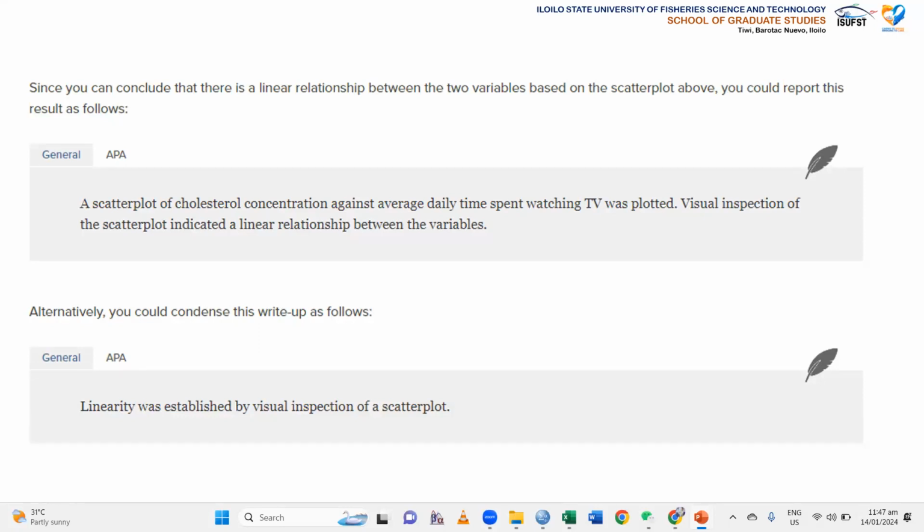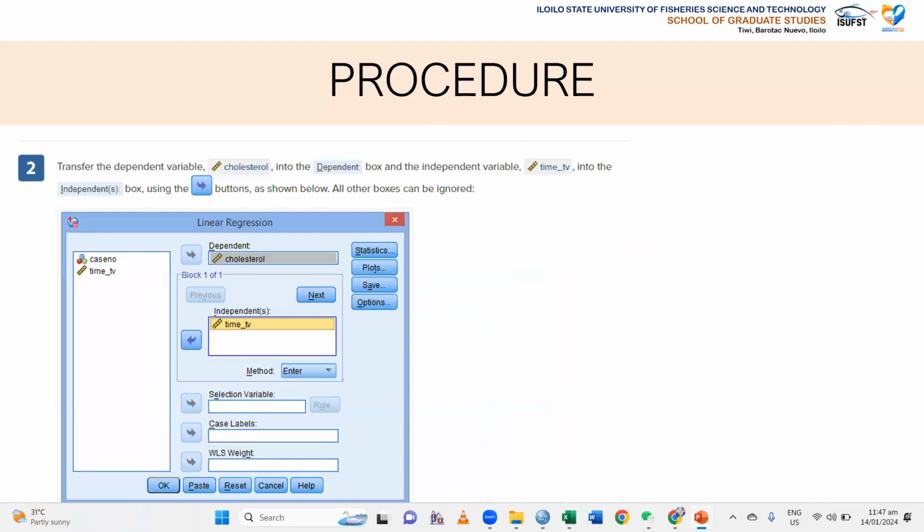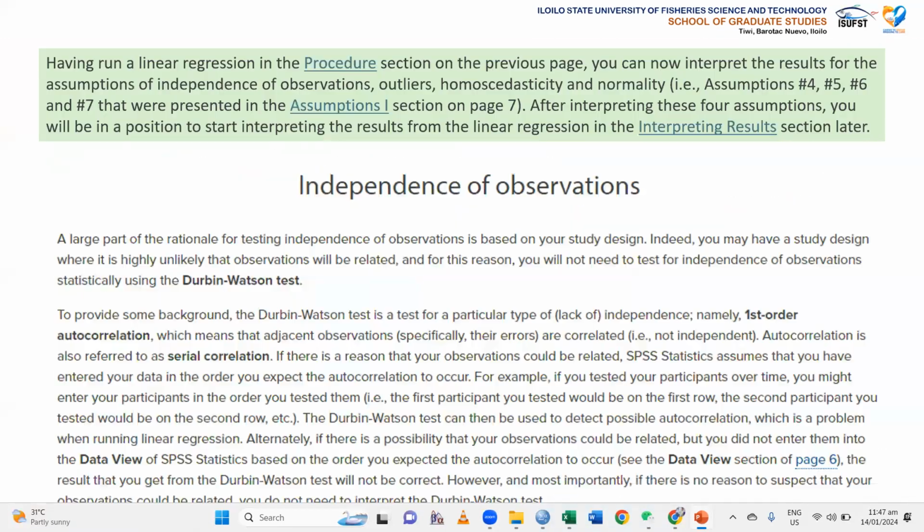Visual inspection of the scatter plot indicated a linear relationship. This is for the scatter plot, no? Then you could also report, no? So this was the procedure, but this one was done for the cholesterol. But don't worry, I have exhibited that in the SPSS just a while ago, no?